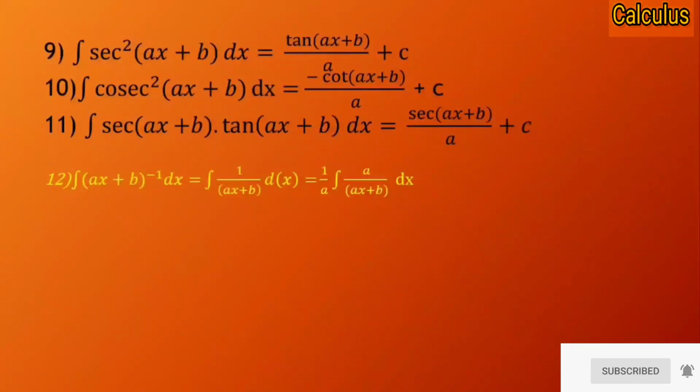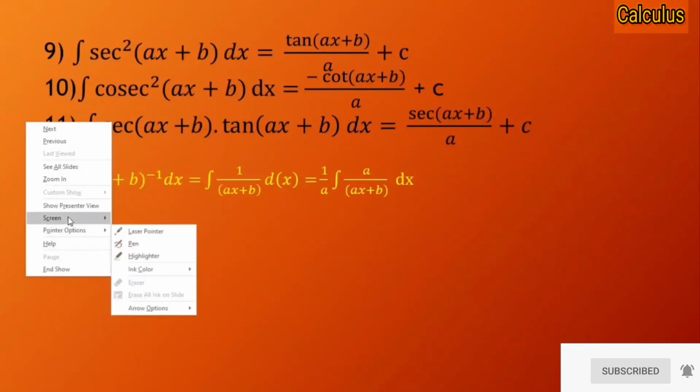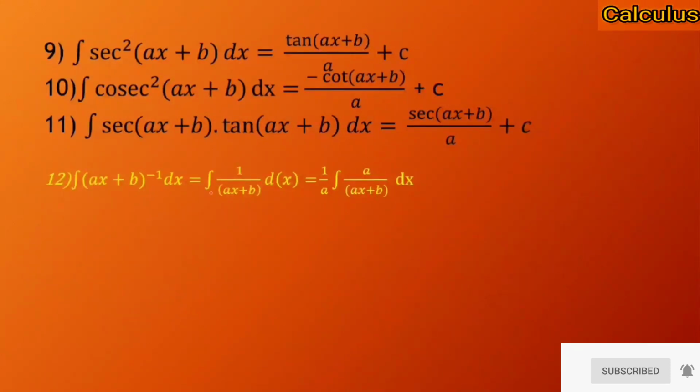In question number 12, you can see integration of ax plus b to the power minus 1 dx. You can write integration of 1 by ax plus b dx. Then this can be written as this, then again multiply by 1 by a, then you will get this.